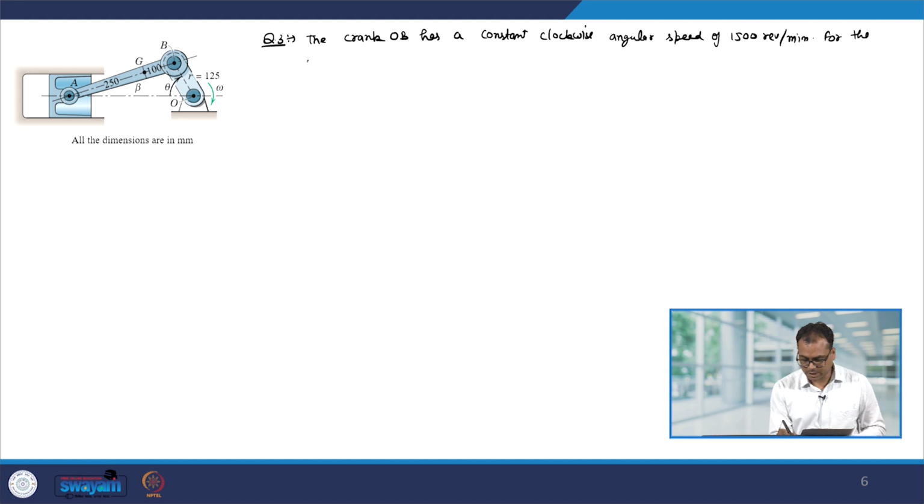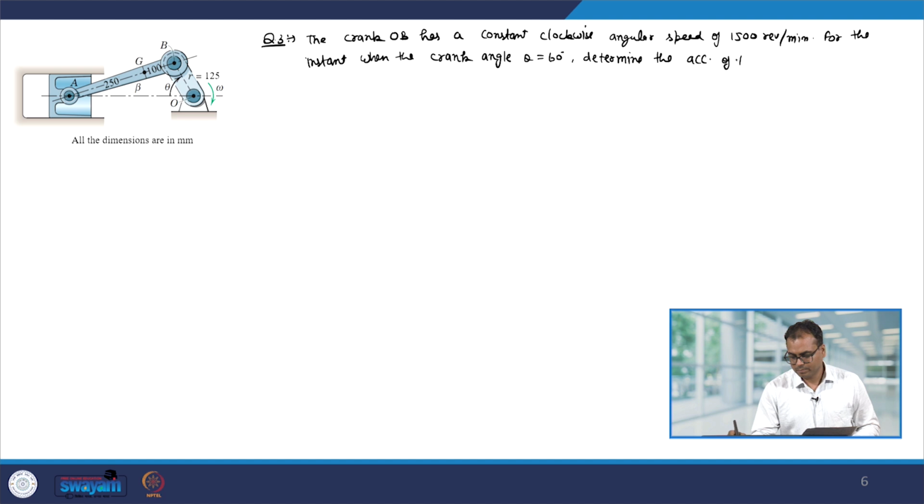For the instant when the crank angle theta is equal to 60 degree, determine the acceleration of the piston A and the angular acceleration of the connecting rod AB.